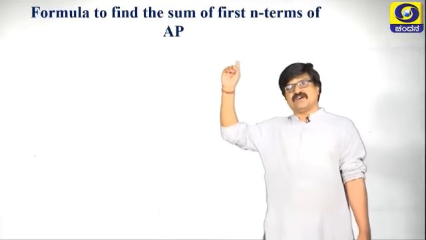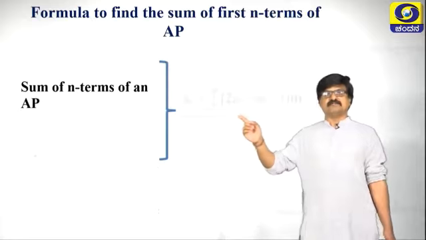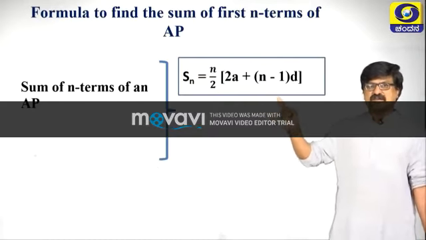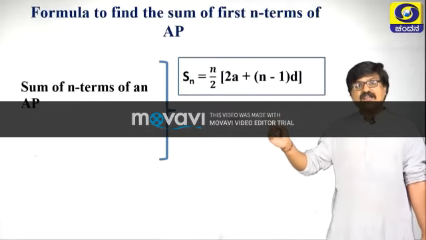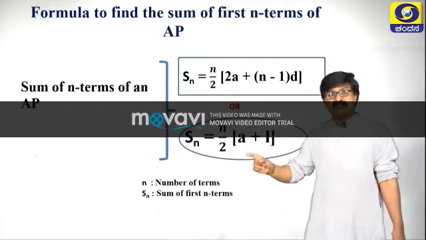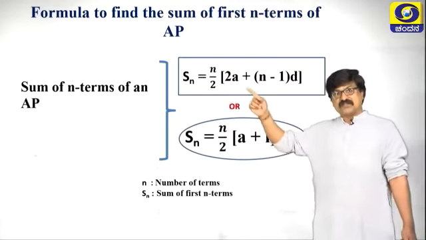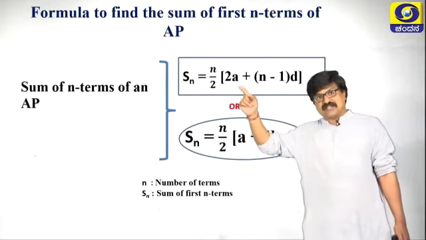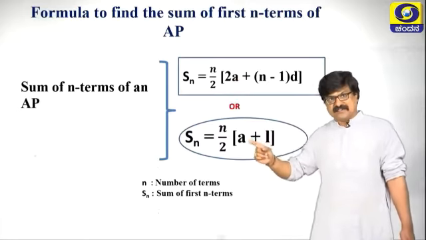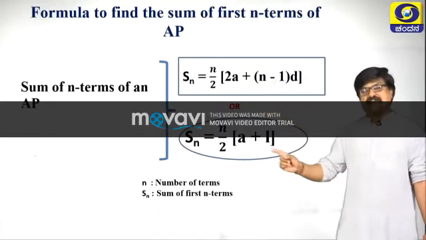The formula to find the sum of first n terms of an AP is very simple: Sn equals n by 2 into (2a plus (n minus 1) into d), or one more is there, Sn equals n by 2 into (a plus l). See the difference between these two. Instead of 2a plus (n minus 1) into d, one a as it is, and a plus (n minus 1) into d is replaced as l.